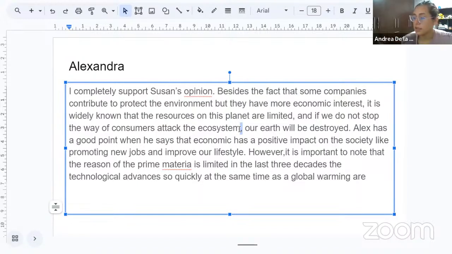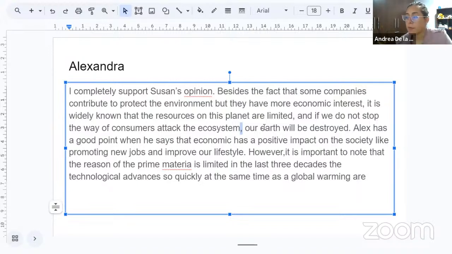Okay. It is important to know that the reason why natural resources have been disappearing during the last 3 decades is because of the technological advances, right? That happens so quickly, at the same time as global warming. Okay, good, not bad.